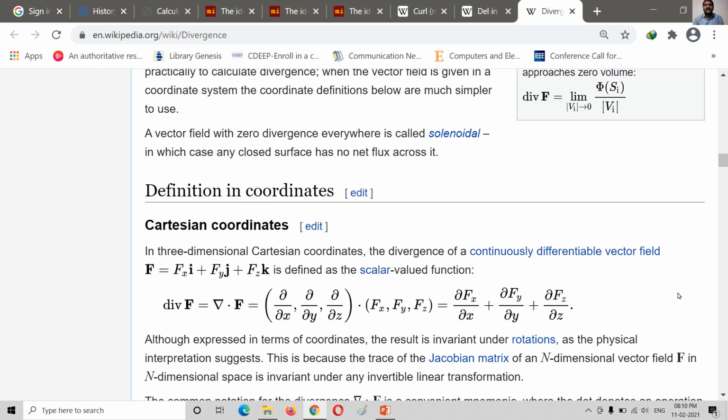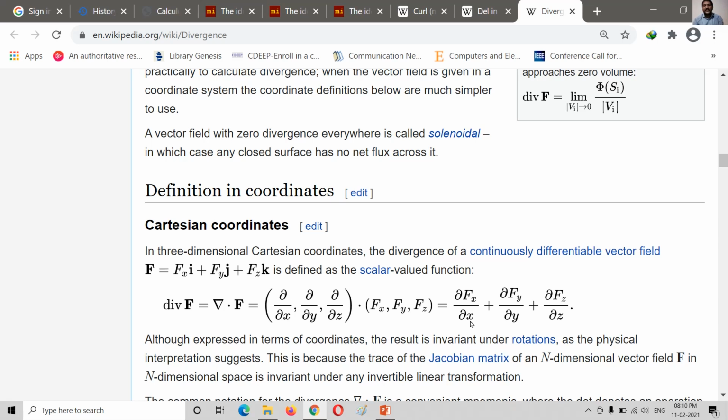Okay, now the next point is the Cartesian coordinate representation for the divergence. Suppose we have the vector f bar equals fx i cap plus fy j cap plus fz k cap. Divergence of f can be written as del bar dot f bar, equals del by del x, del by del y, del by del z dot fx, fy, fz.